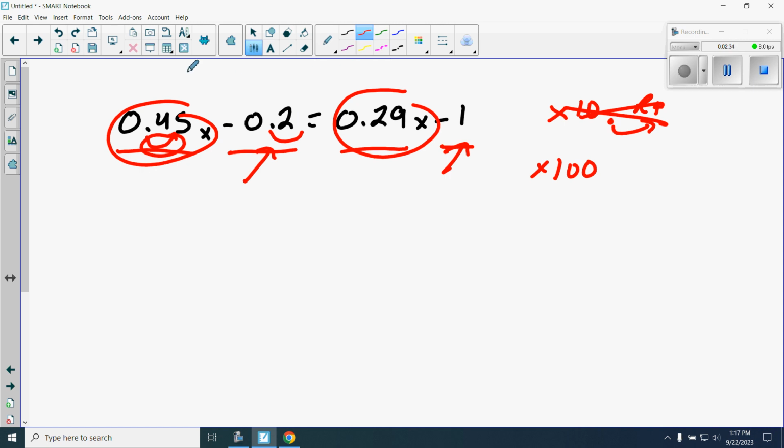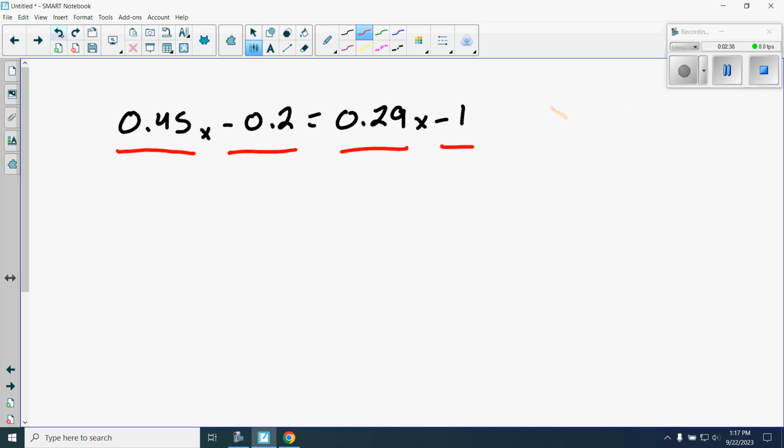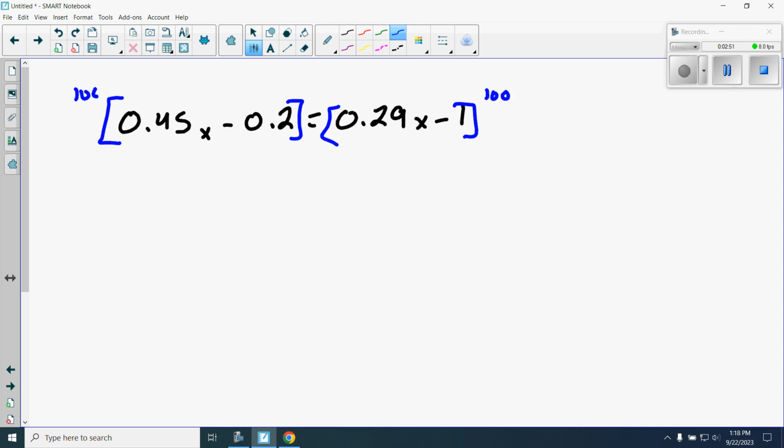So let's see how that actually applies. Let's get rid of all my scribble scrabble here and come back to the original problem. I'm going to take this side and this side, left and right. What I do to the left, I do to the right. I'm going to multiply by that 100. It's going to shift my decimal 2 places to the right, and I get 45x.